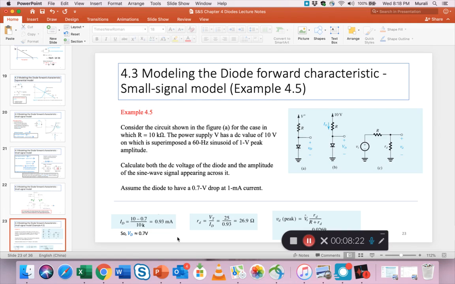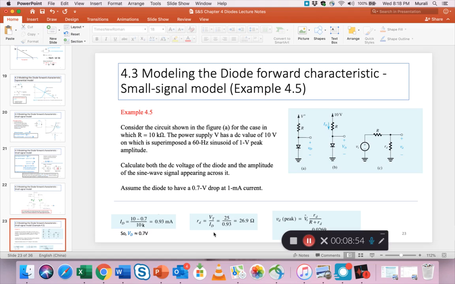Given that the bias voltage is 10 volts and there is a 10K resistor, and we know that the diode drops 0.7 volts, the current corresponding to that is 0.93 milliamps, which is close to the 1 milliamp. So it is in the good linear portion of the exponential response.